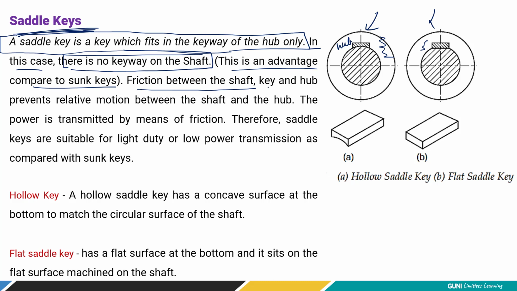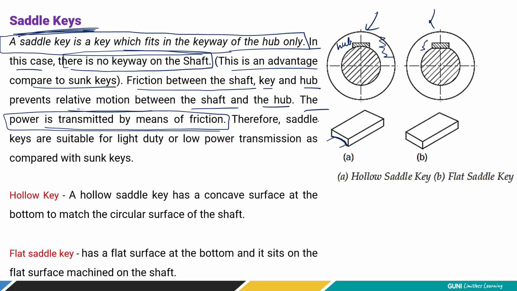Friction between the shaft, key and hub prevents relative motion between the shaft and the hub. It is made and fitted in such a way that, because of the compression and the friction between the surfaces, it provides the locking action. So the power is transmitted by means of friction only.